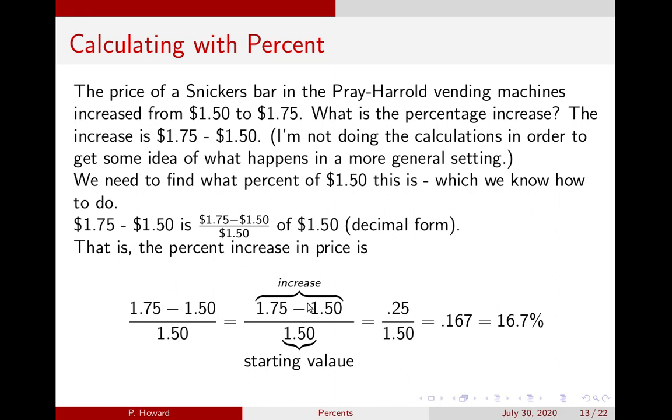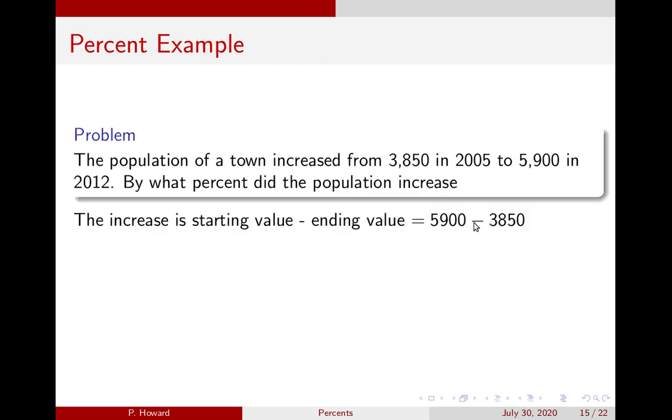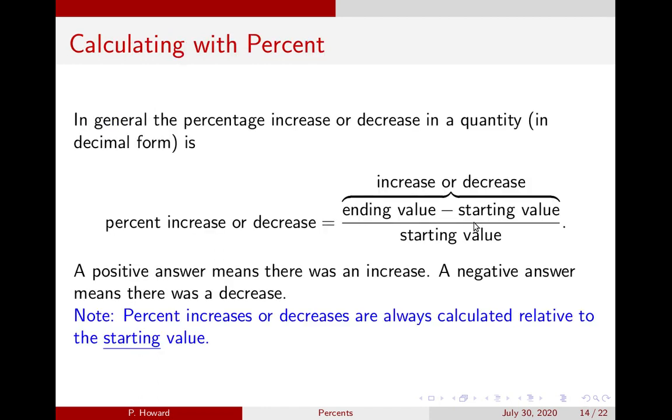So the percent increase was the ending value minus the starting value divided by the starting value. And in general, this is how you calculate a percentage increase or decrease in a quantity. The percent increase or decrease is the ending value minus the starting value divided by the starting value.